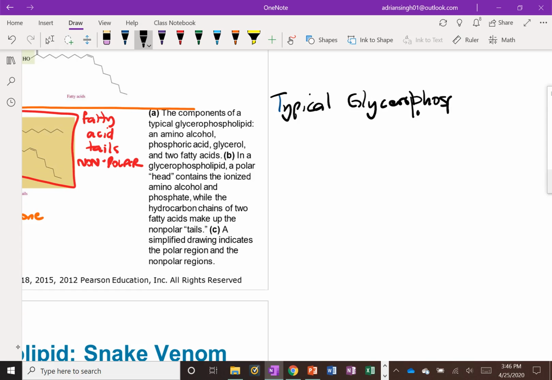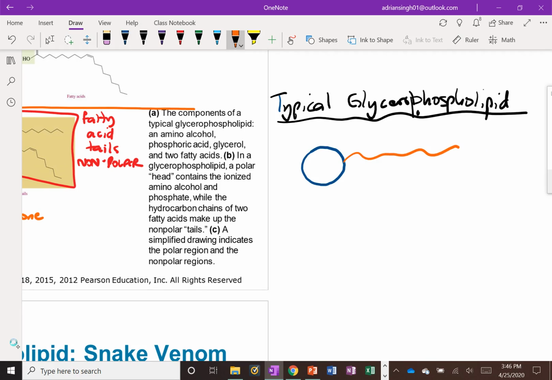So for a typical glycerophospholipid, or just phospholipid in the general sense, we'll draw it like this. You have a polar head, and then you have 2 non-polar tails attached to it.